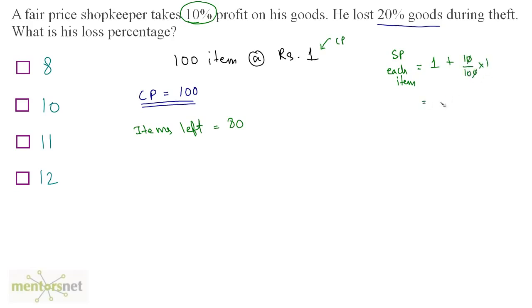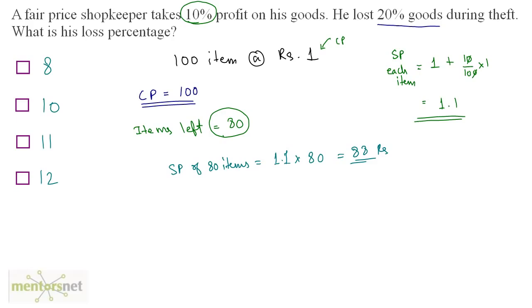This is actually 1.1. What is the selling price of 80 items? Because we only have 80 items left, 20 items were stolen. So the selling price of 80 items is 1.1 times 80, which is 88 rupees.